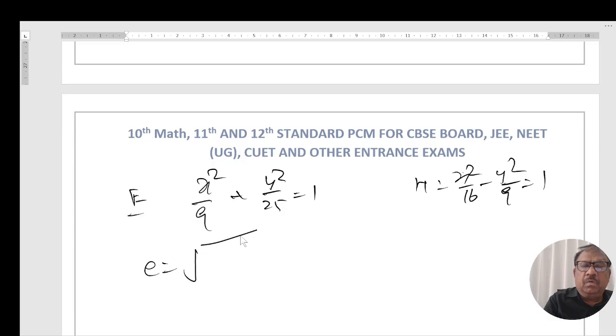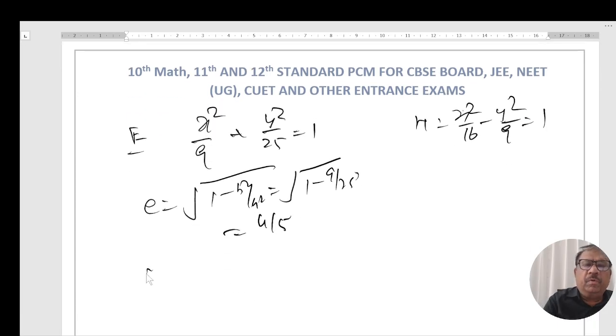Eccentricity e1 is under root 1 minus b square over a square, that is under root 1 minus 9 upon 25, that is 4 by 5. Therefore, ae will be equal to 5 into 4 by 5, that is 4.